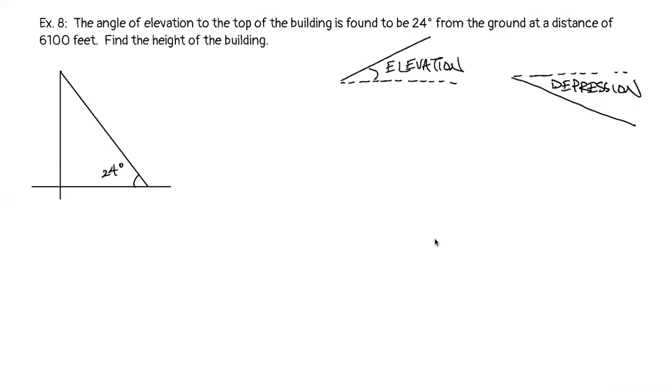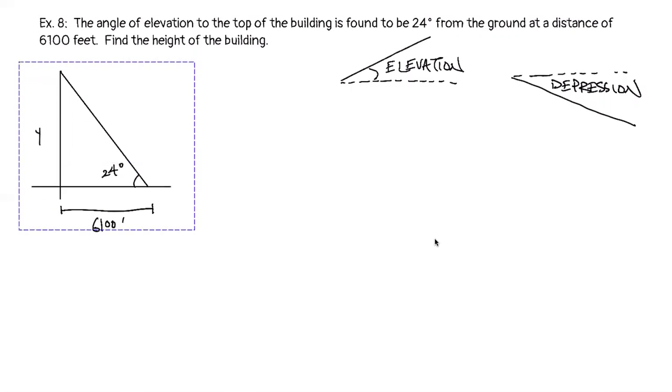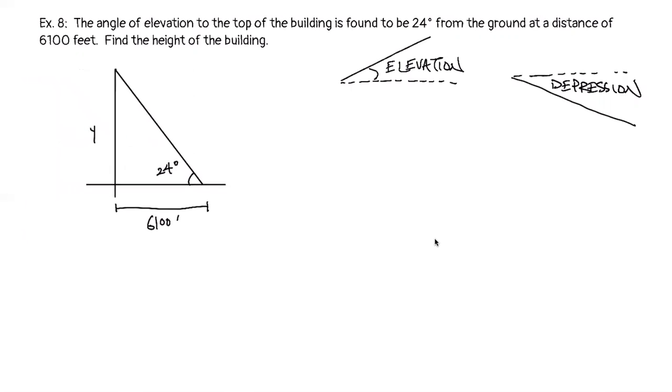Now, how far are we standing away from this building? Well, this is this part, and we're at a distance of 6,100 feet. Now, the question is saying, find the height of the building, which is this part right here, okay? So let me move this diagram so it's a little bit more central.